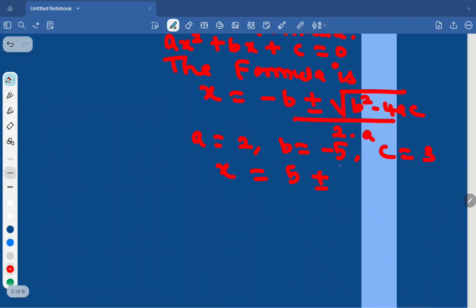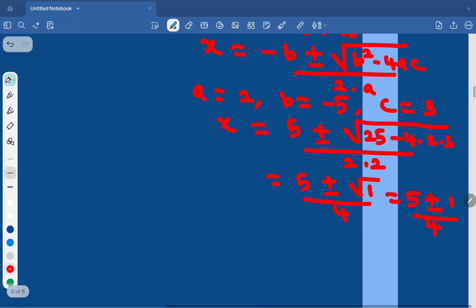5 plus or minus root of 25 minus 4 into 2 into 3 by 2 into 2. 5 plus or minus root 1 by 4. 5 plus or minus 1 by 4.